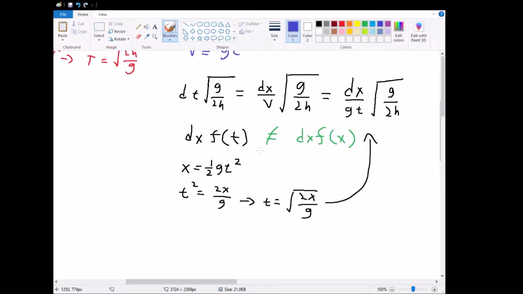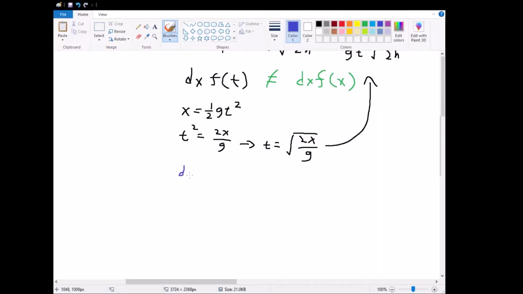So let's do that. We have dx over gt times square root of g over 2h. If we substitute t, then this equals dx, and then we simplify the g, so we get dx square root of g times 1 over square root 2h, and then times square root of g over 2x.